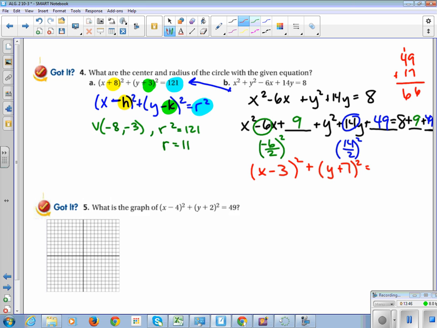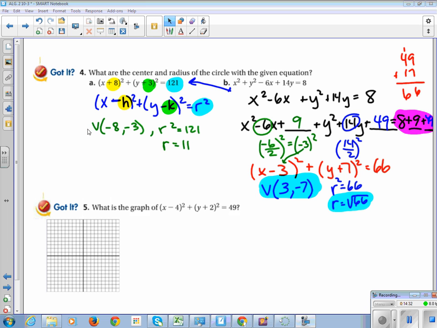Did I do my math right on that? 8 plus 9 is 17. 17 and 49: 6 carry the 1, 66. Okay, so now we can identify the center and the radius. My center here is going to be opposite of minus 3, which is 3, and opposite of plus 7, which is minus 7. And my radius squared is 66, so my radius is root 66. Root 66! Oh gosh.